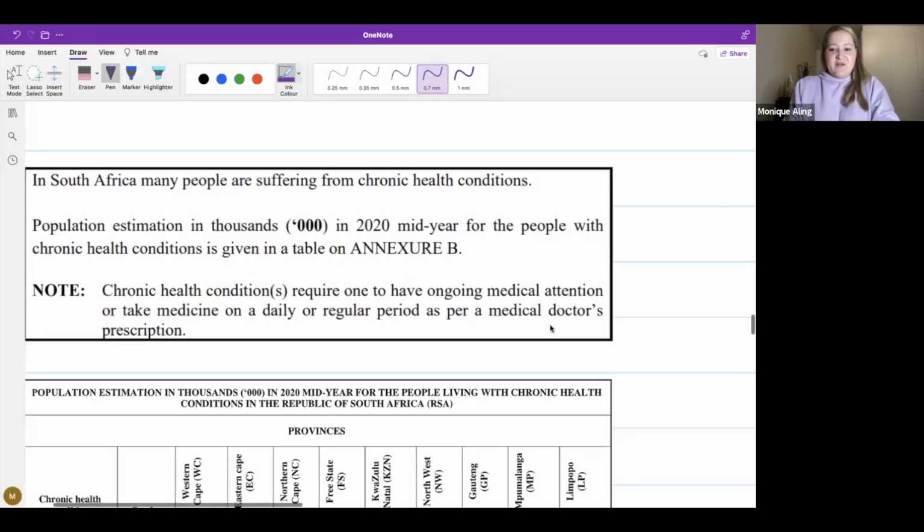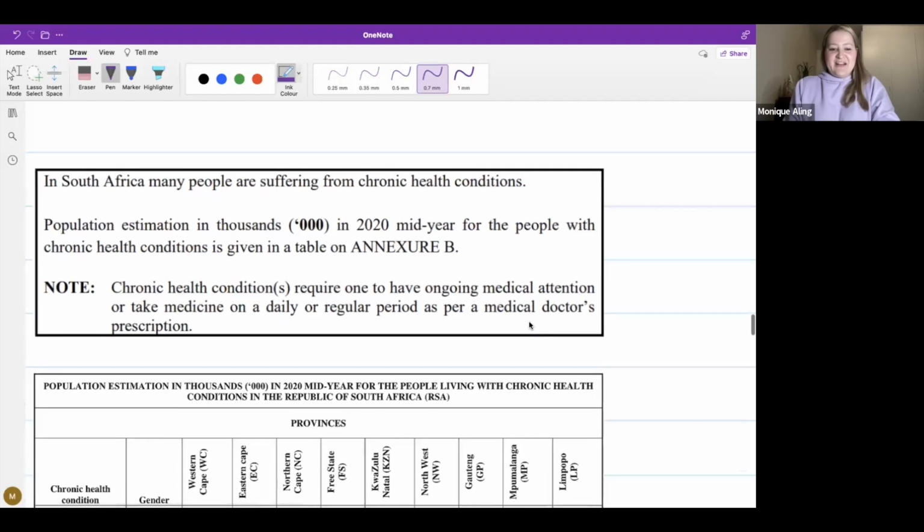With data handling questions, lots of information is thrown at you, so it's always important that you know what's important and what is not important.